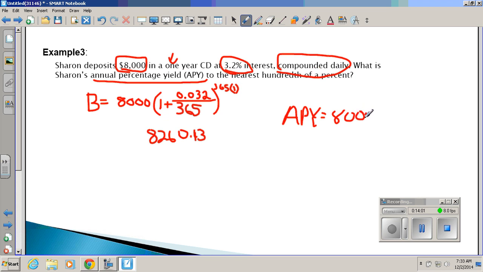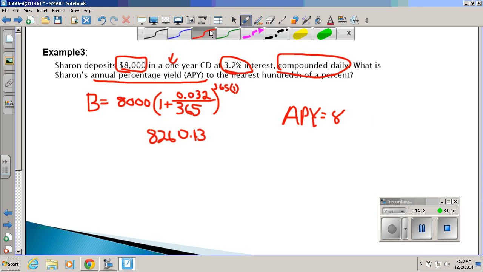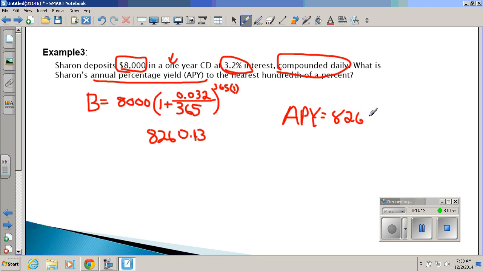You should definitely write this in your notes. Minus, oops, my mistake. You can do it that way, but let's do it the easier way. How much she has in the account now, in the CD in this case, minus how much she started with.